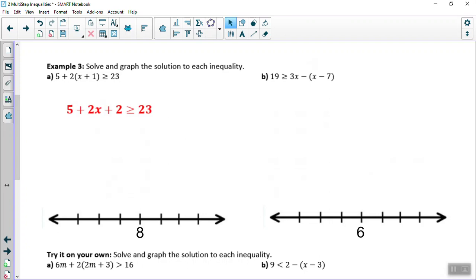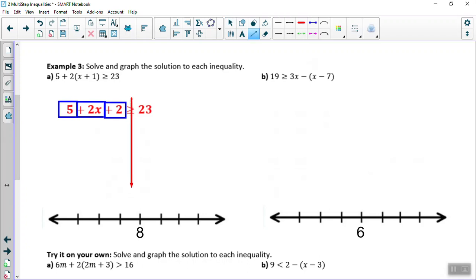All right, now I can combine my like terms. Again, if you want to use that concept of splitting it and having your variables and your constants, you can do that. I can also just do that step in my head. So I'm going to box up each of my terms. I'm going to only look at the left side, just my left side in this case.